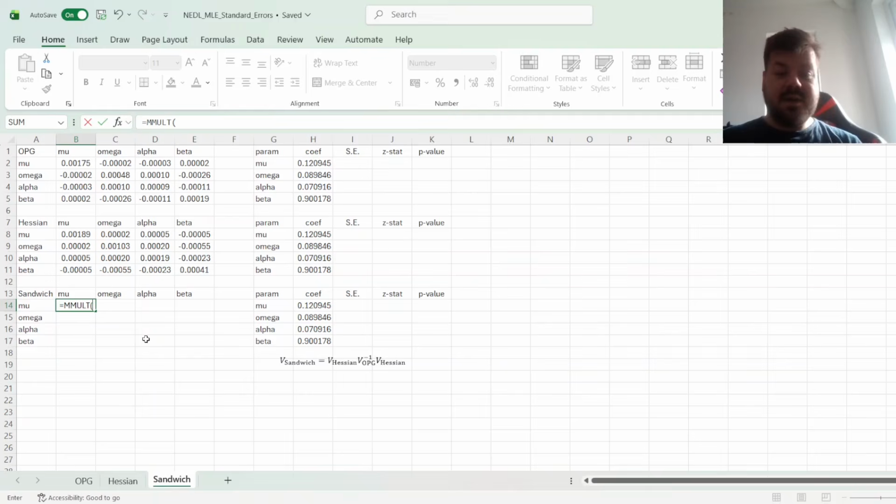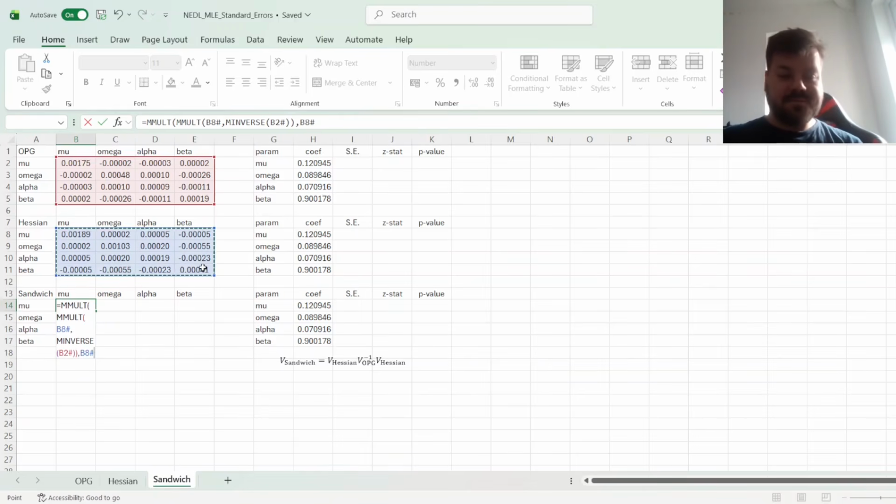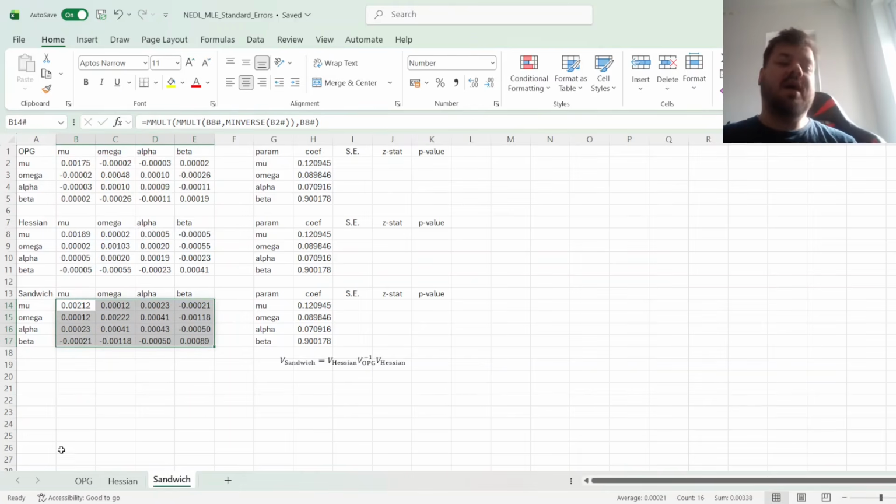So matrix multiply the covariance matrix from the Hessian matrix approach onto an inverted covariance matrix from the outer product of gradients method, and on the right hand side we further matrix multiply by the Hessian covariance matrix. So we see that it's indeed a sandwich estimator because we squish the inverse OPG matrix between the two Hessians, and that produces also a 4x4 matrix which can be used for all intents and purposes as a covariance matrix.